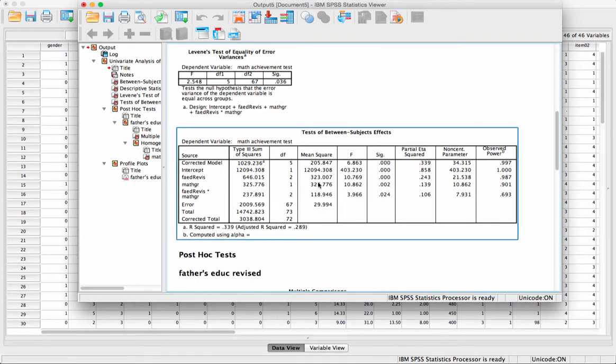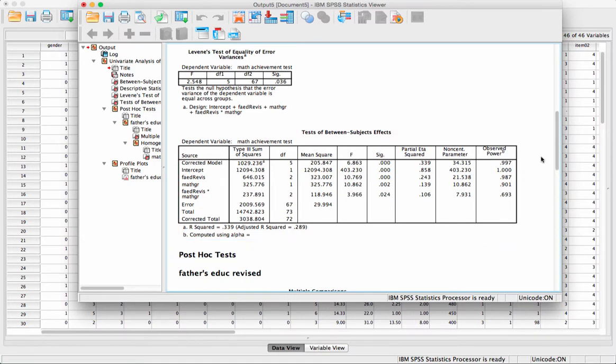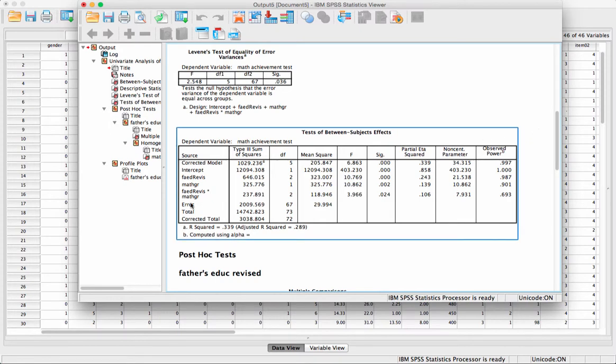We can look at math grades, and that's significant. So math grades differ, mostly AB and less than AB, but now we see that the interaction effect, father's education revised by math grades, is significant.